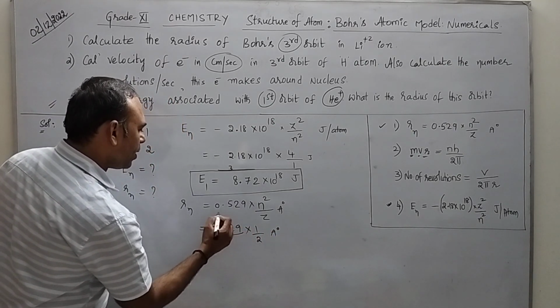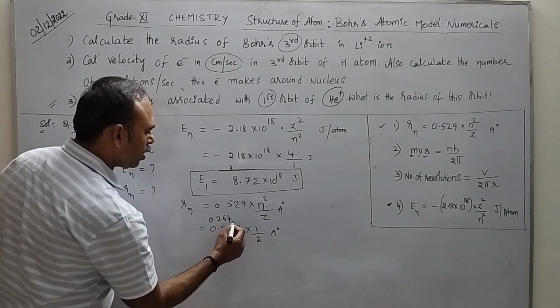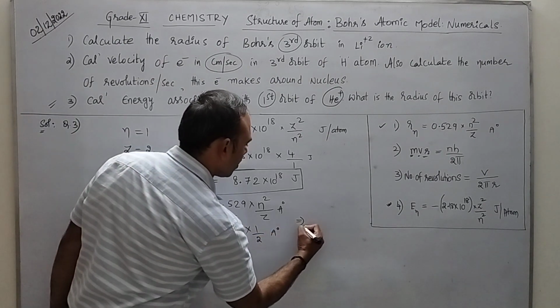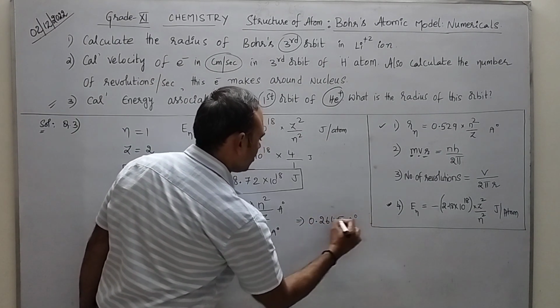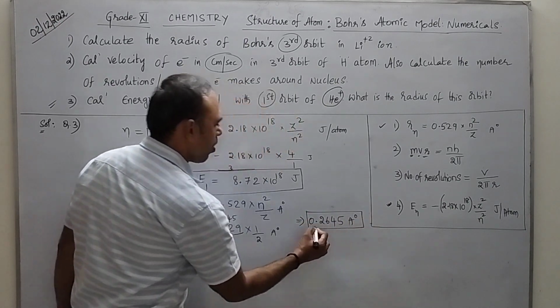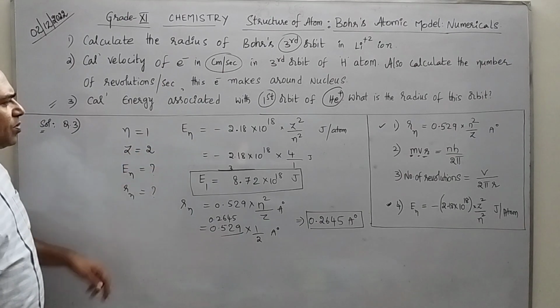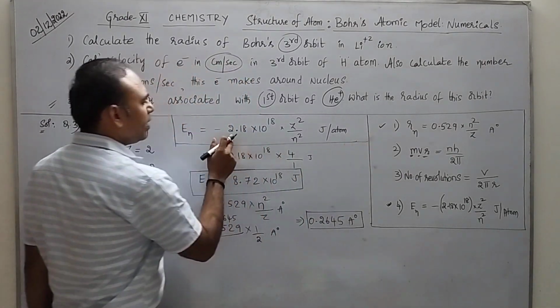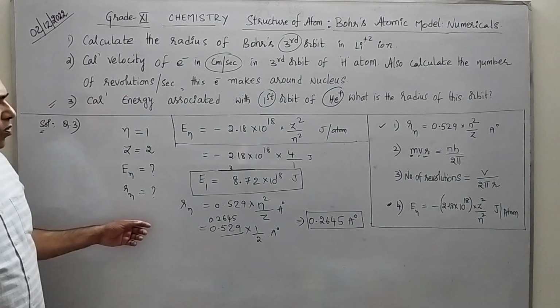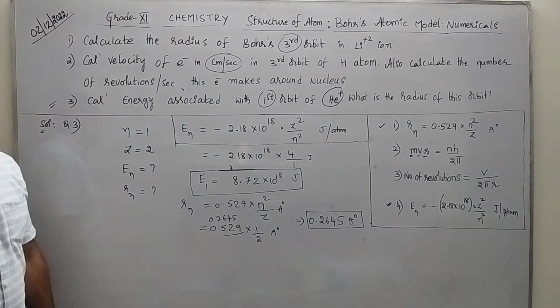This is 0.2645 angstrom unit. Hope you are able to understand this. Very simple. First, calculate energy using En is minus 2.18 into 10 power minus 18 Z square by n square. Second one, radius is 0.529 into n square by Z.